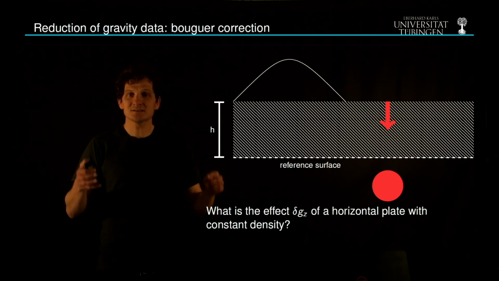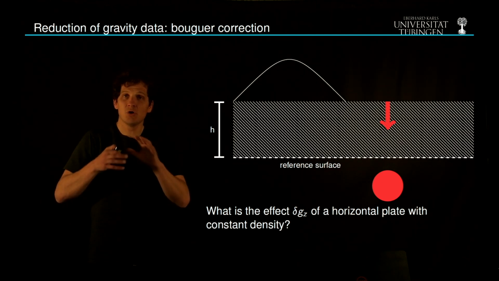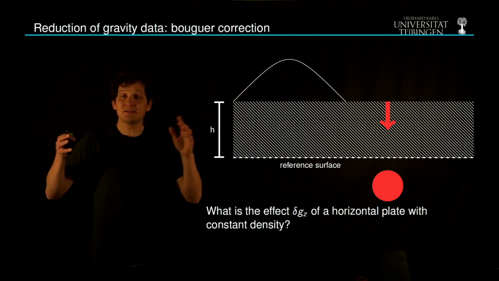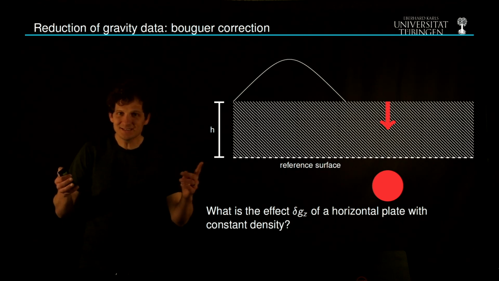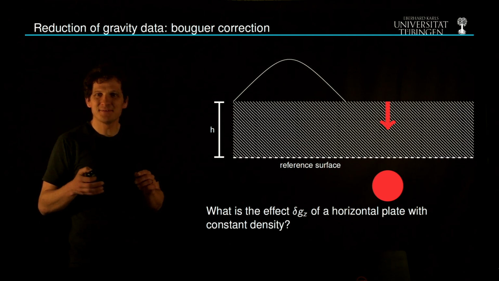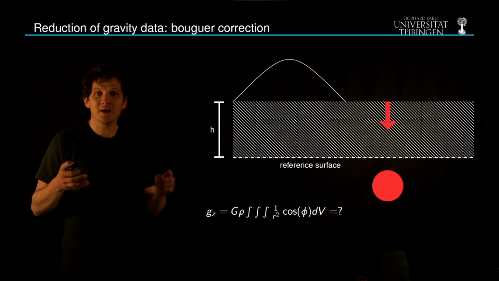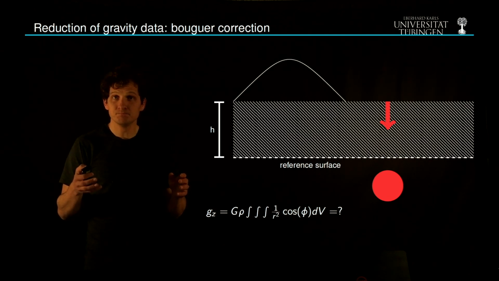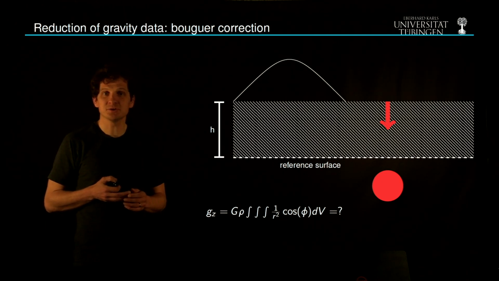And so we need to ask ourselves, what is the effect of such a horizontal plate that is situated between us and our target? And this we can answer with the theory from the previous video, and we called this the Bouguer plate solution. And it results from this triple integration.